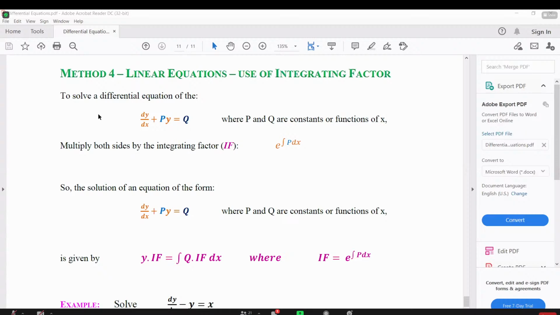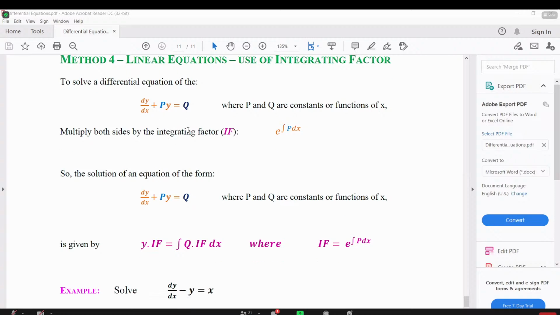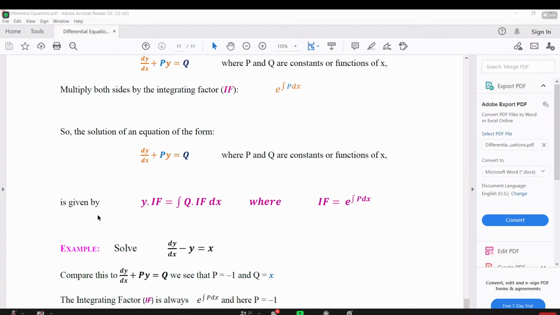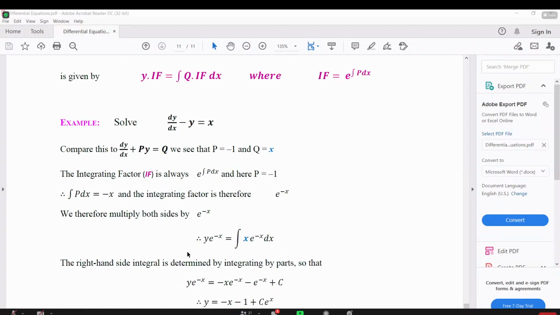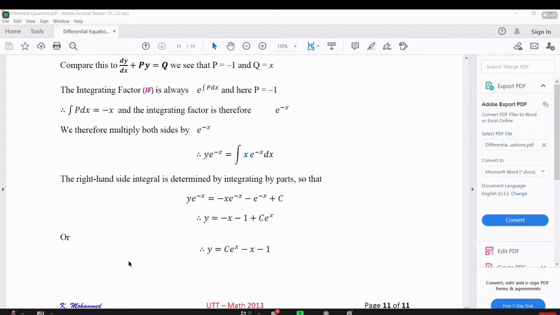Method 4 to solve a differential equation of dy dx plus py equals q: y times the integrating factor is equal to the integral of q times the integrating factor dx, etc. Your notes have it complete.